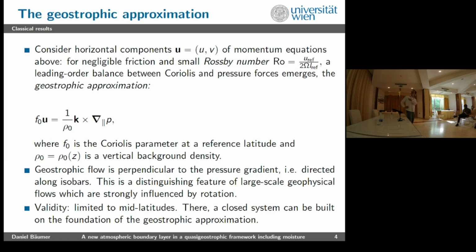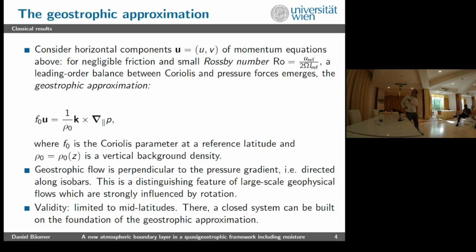If we can neglect friction, which we almost always can, and if this number is small, then something happens. This Rossby number is actually the most important parameter in the whole theory of geophysical fluid dynamics, because what does it express? It's the ratio of a reference velocity to this term, which gives us the relative speed of movements incurred by the rotation of our planet.